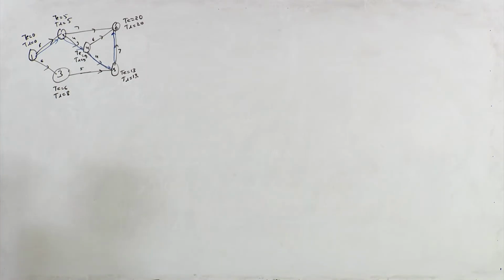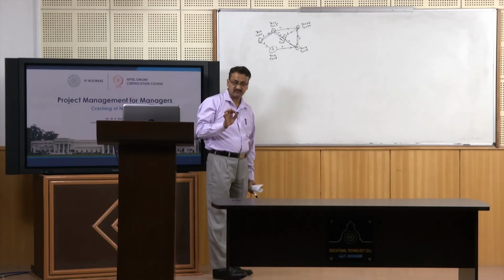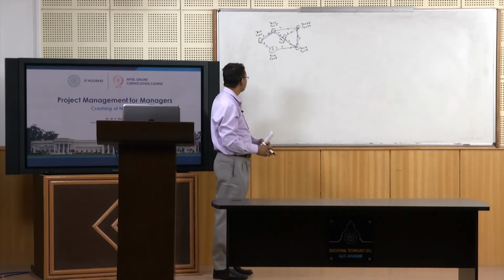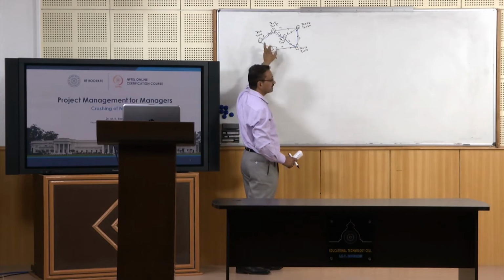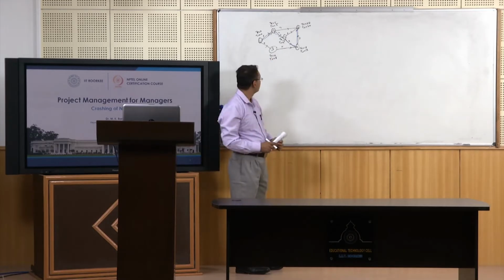Now we have also seen in the previous session that the critical path is a path where the total float, free float and independent float are all 0. So along this path total float as well as free float are 0, right?